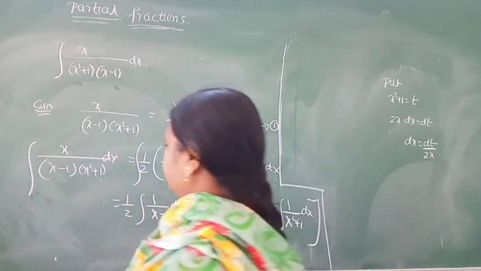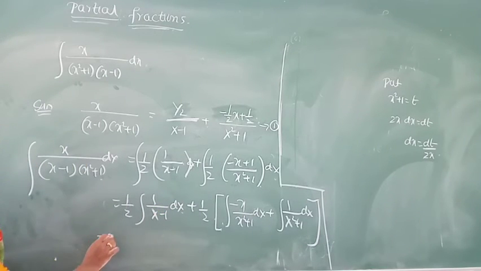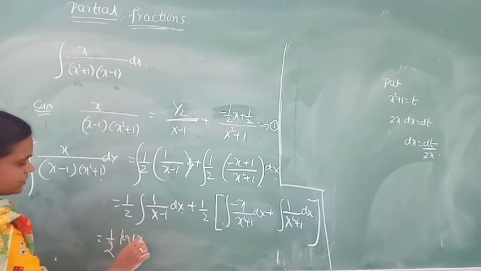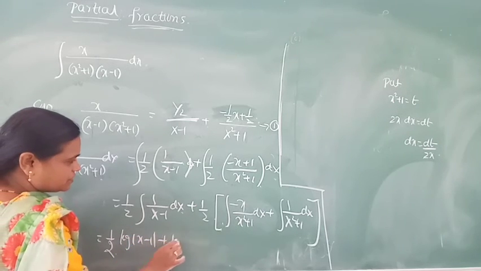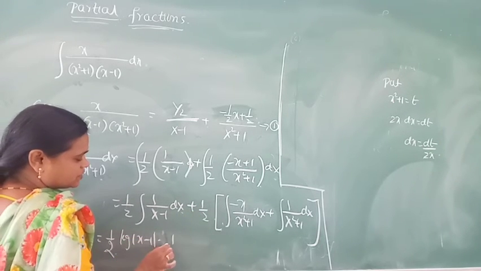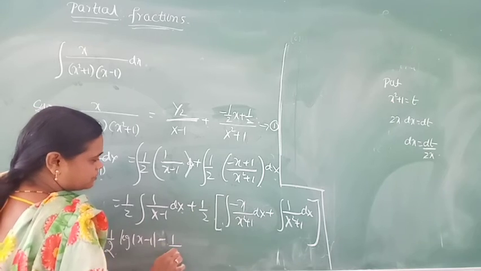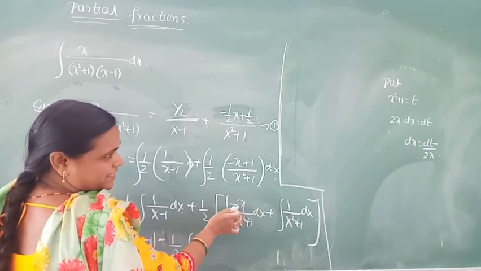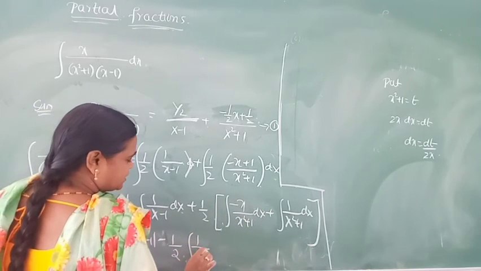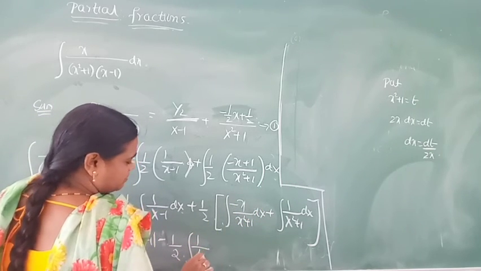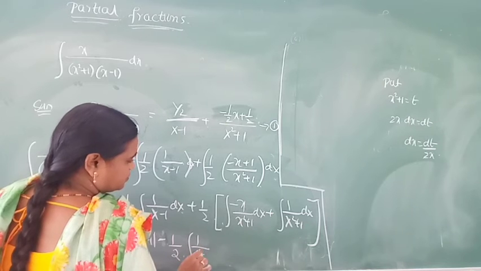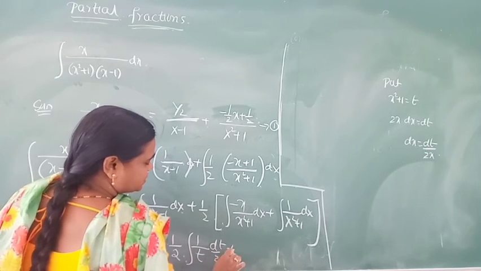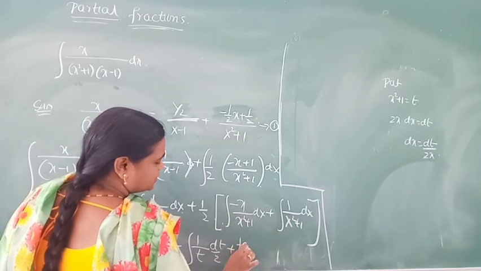Therefore, we can write this one as 1 by 2 log of modulus of x minus 1, minus 1 by 2 integration of x by t, where x gets cancelled, giving 1 by 2t, 1 by t, with dx as dt by 2, plus 1 by x square plus 1 which is tan inverse x.